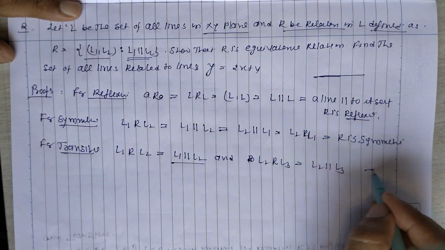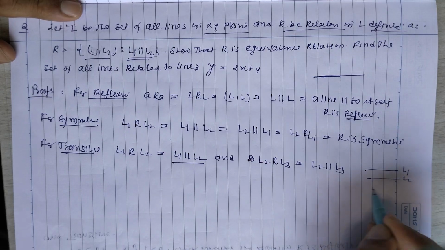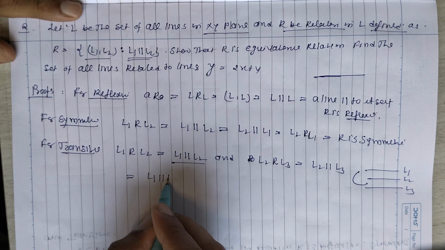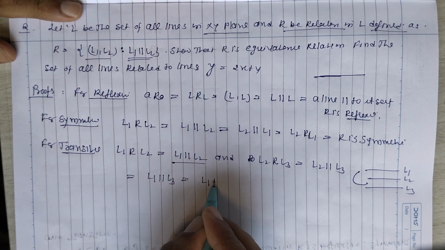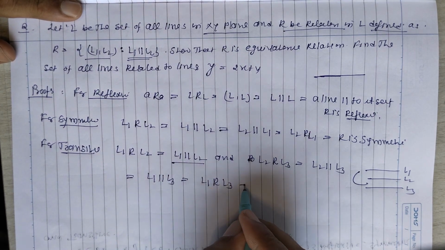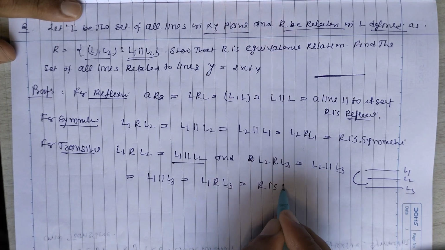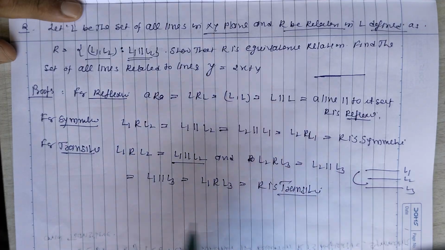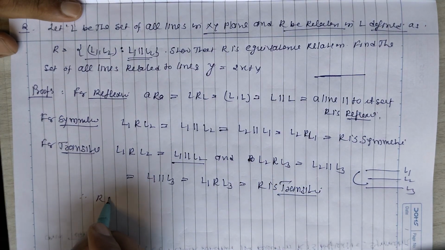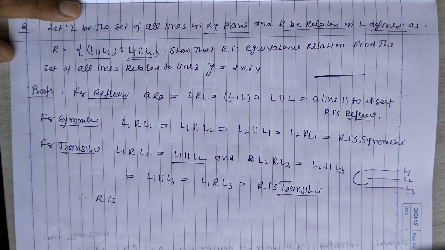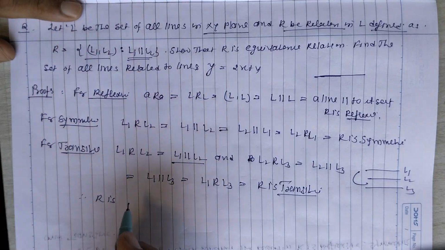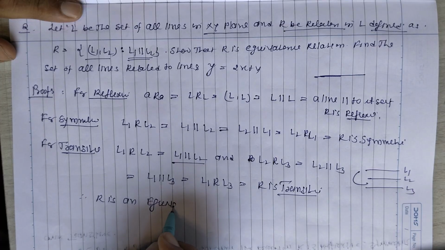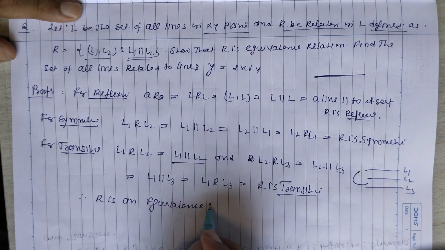L1 parallel to L2, L2 parallel to L3, which implies that L1 is also parallel to L3, L1 related L3, which implies that R is transitive. Therefore, R is reflexive, symmetric and transitive. Therefore, R is an equivalence relation. This is the simple question.